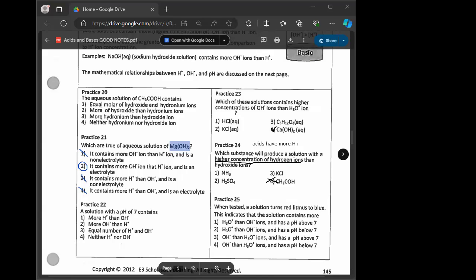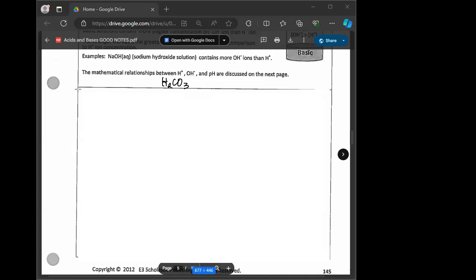If we're just looking at a substance, how do we know if it's an acid or a base? By the pH? Well, how would we know the pH of a substance just by looking at it? That's what I'm saying. If you have a substance that's just, for example, H2CO3, how would we know if that's an acid or a base? And we're not given any other information. How would we know this? By the CO? Mm-mm.